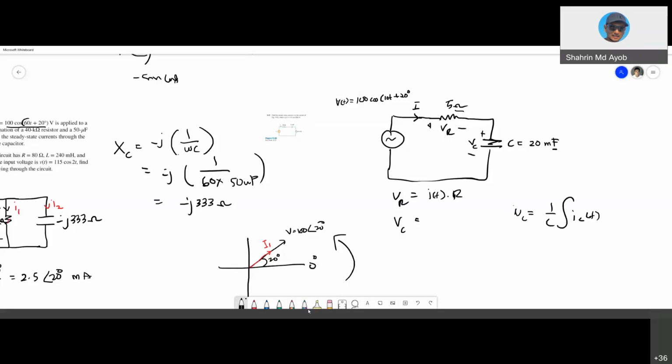Which is very difficult, because if we want to use this time domain, it takes too long to analyze this very simple circuit.